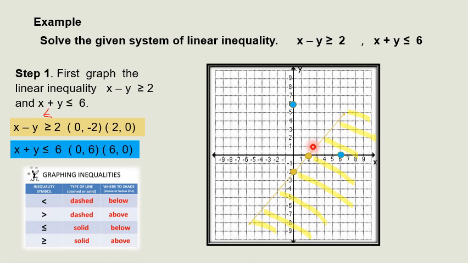Okay, we need to use a solid line because of the symbol. And then since this one is less than or equal to, it means the shaded part is below. Below is here, not above.